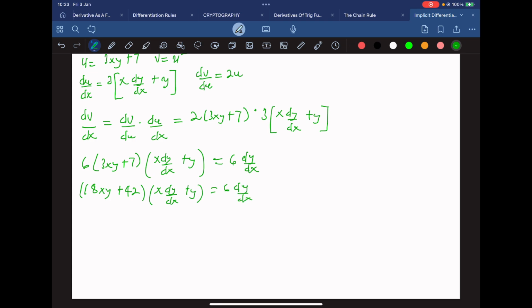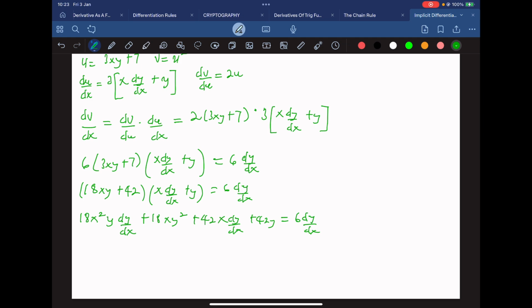Now we can distribute this 2, so we have 18x squared y dy/dx plus 18xy squared, then plus 42x dy/dx, then plus 42y, then equal to 6 dy/dx.